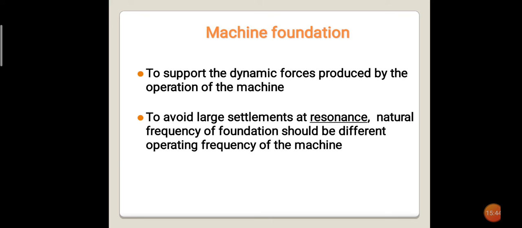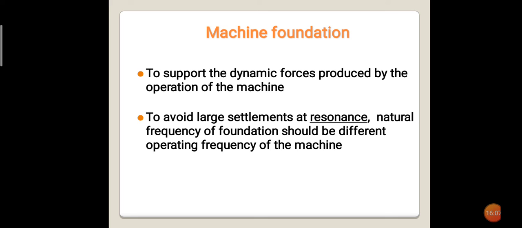We need to provide a dynamically balanced condition to the machines, because we need to arrest the vibration which is caused by the machines. At the same time we need to avoid large settlements and resonance. Resonance here is nothing but damping capability, that is vibrations.